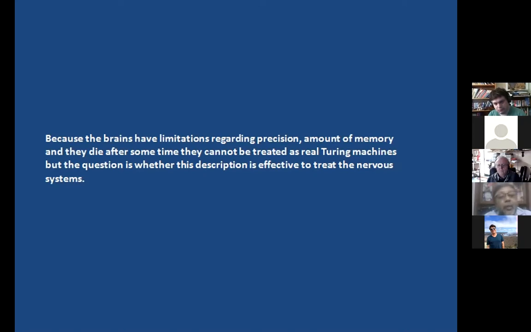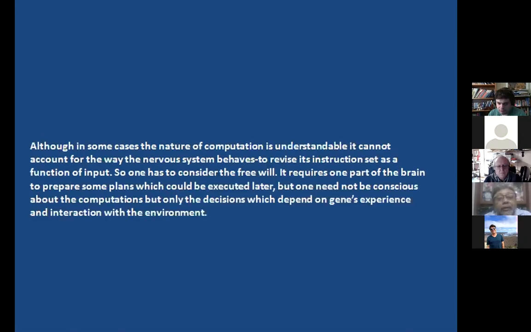Because brains have limitations regarding precision and amount of memory, and they die after some time, they cannot be treated as real Turing machines. But the question is whether this description is effective to treat nervous systems. Although in some cases the nature of computation is understandable, it cannot account for the way the nervous system behaves to revise its instruction set as a function of input.